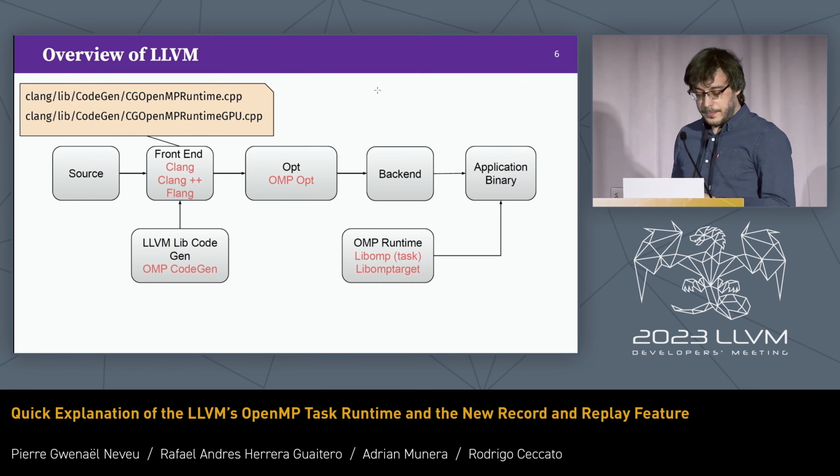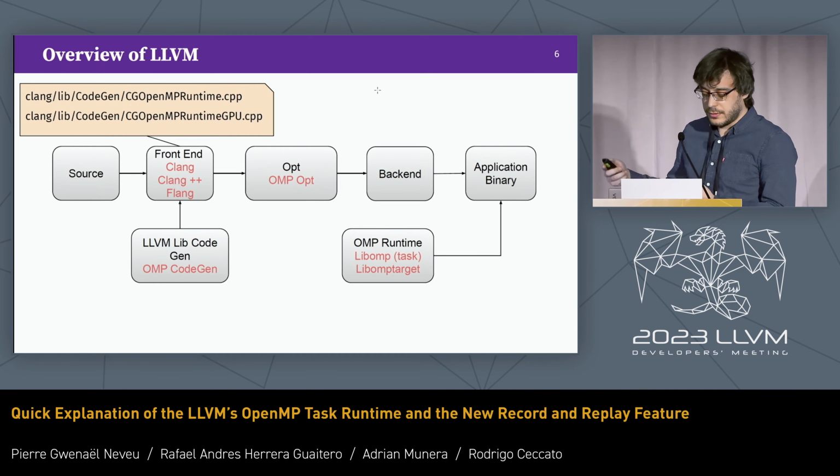Now I will try to point out where to find the different components of OpenMP in LLVM. First, we've got the OpenMP Clang part that will be in the Clang codegen. It is divided between the libomp and libomptarget runtimes. The libomptarget runtime is ending by the GPU, and they are calling the OpenMP library, the front-end OpenMP library, which is common with the Flang front-end.